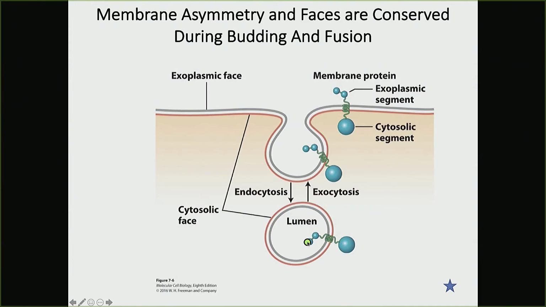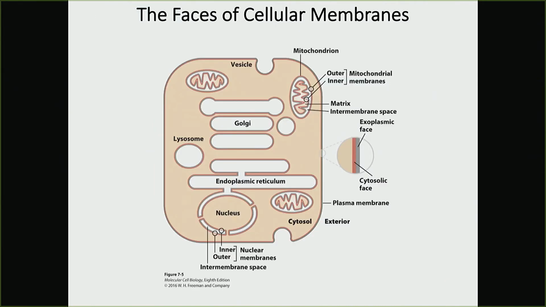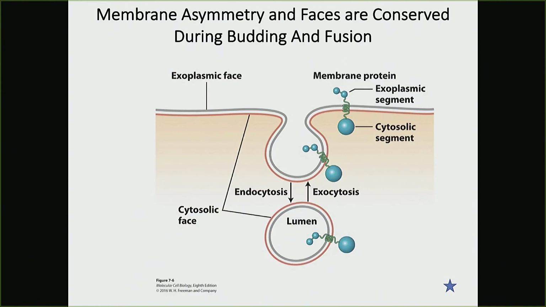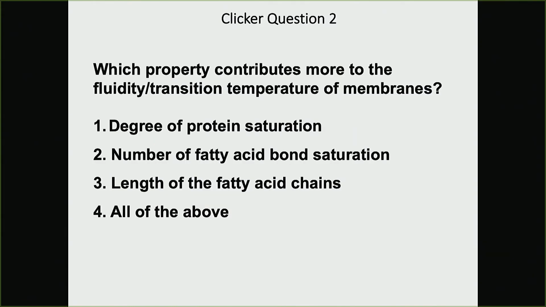Suppose this is a secretory protein, and due to exocytosis, this coalesces with the plasma membrane and is secreted outside. When it goes out, this exoplasmic segment is going to face the outside. So this inner portion becomes the outside. This just gives you an idea that the membrane asymmetry is always maintained and conserved in all different places.